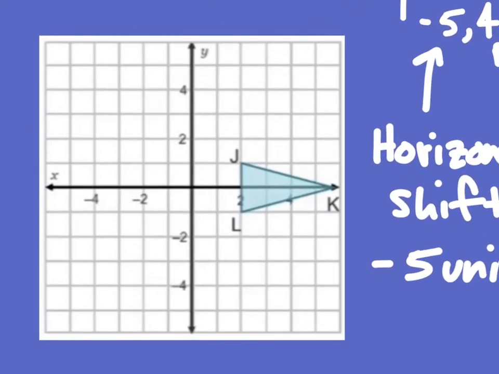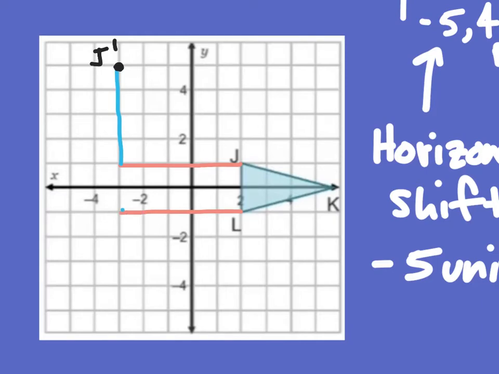So we can just do that over here, all right? I can take each of these points and simply just move them 5 units to the left, 4 units up. So I can go over here and I can say 1, 2, 3, 4, 5, up 1, 2, 3, 4, and I can then come here and plot my new point J prime. Okay, I could do the same thing for point L. I can move this over 1, 2, 3, 4, 5.